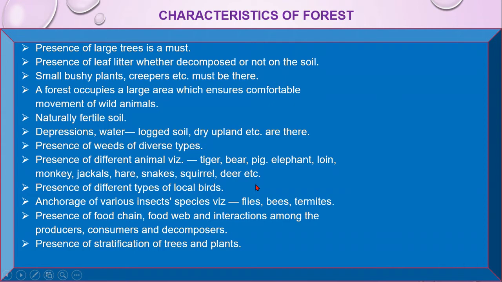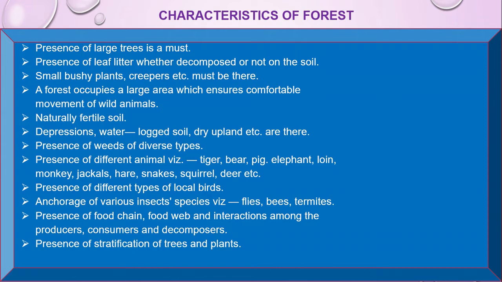Wild animals like tiger, bear, pig, elephant, lion, monkey, squirrel, snakes, and wild cock will be present there. Local birds and different types of birds are also present in the forest. And different types of microorganisms, insects, and termites will be there.